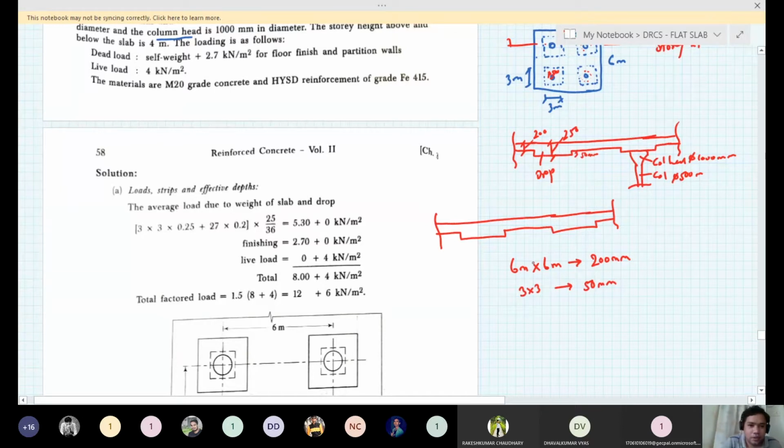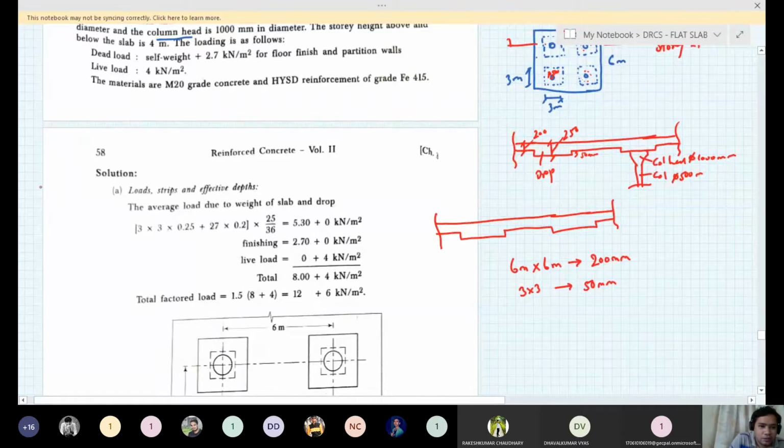So here what they have done, they have taken 3 by 3 into 250 mm thickness plus 27 into 200 mm thickness, and then they have converted this for the total area of 6 by 6. Otherwise you can do it this way also.